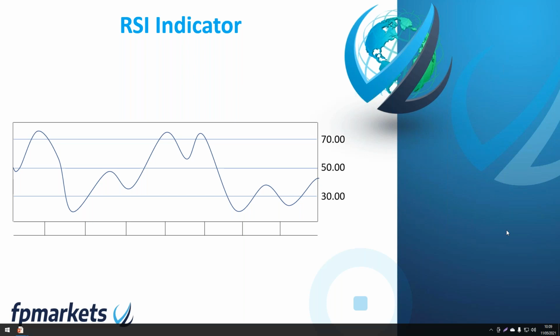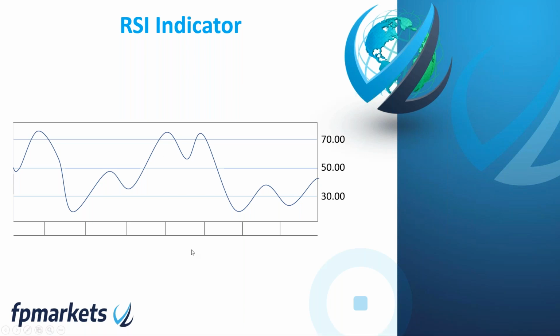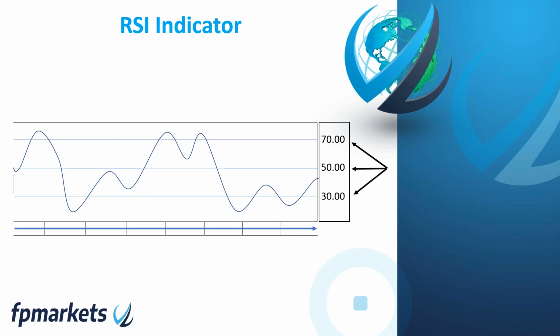So the basic framework of the indicator consists of an x-axis, which represents the time scale, and to the right we have what's known as the y-axis, which represents the magnitude or distance the indicator has moved. We also have notable levels marked at 70, 30, and as well as 50. More on the uses of these levels in a little bit.